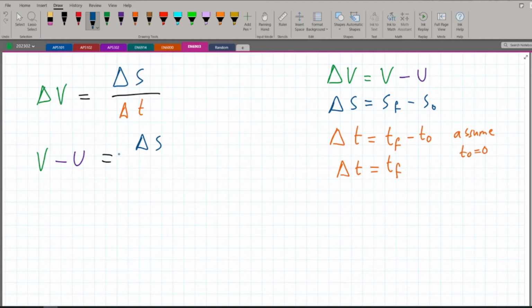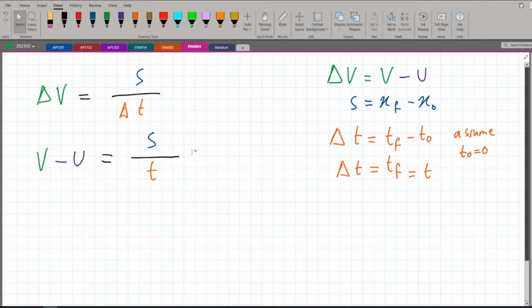Or simply we can mention this as x final minus x0 is equal to s. This is a better way, so that we can always use just s as our displacement over the delta t, which we said is always going to be equal to t final, which we will simply call t, over time. So now we have a general equation that relates velocity, distance and time.